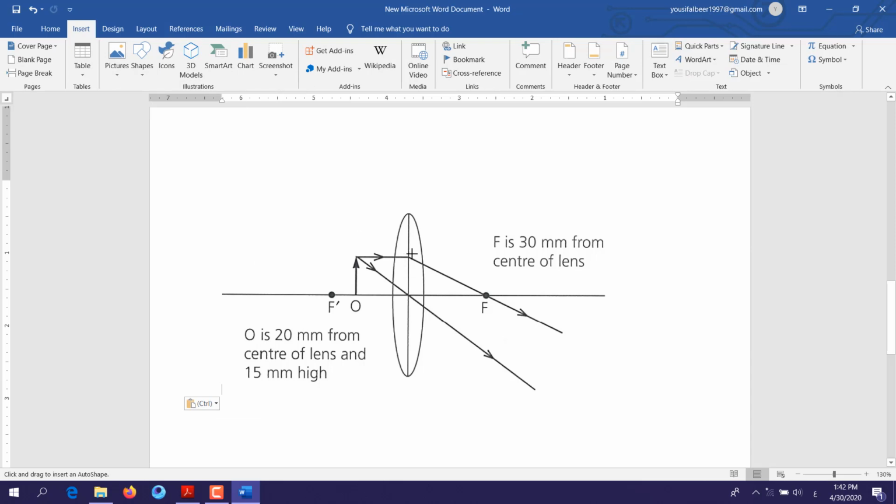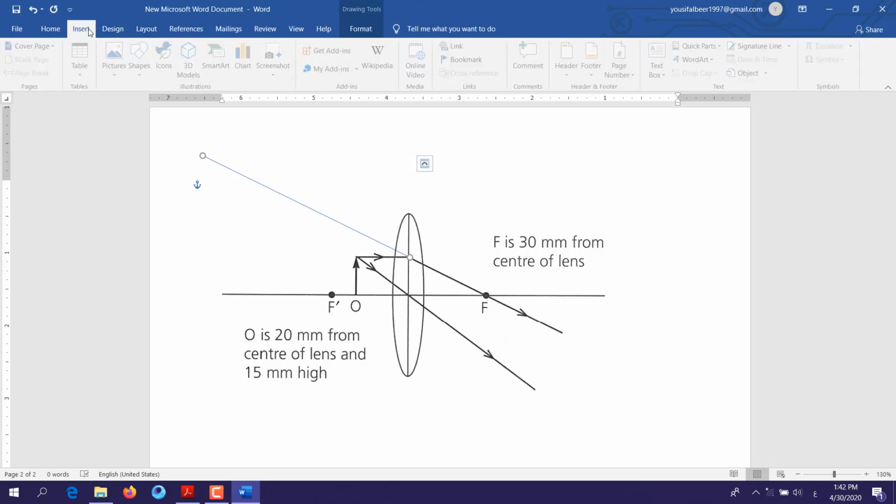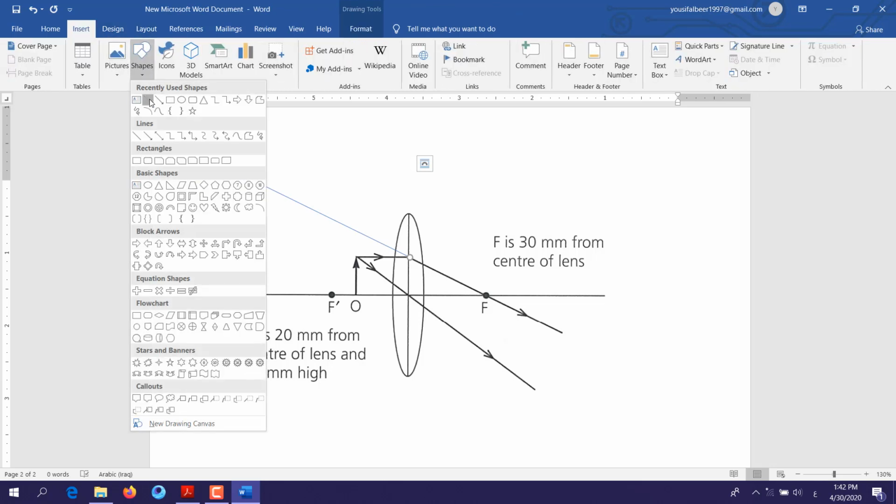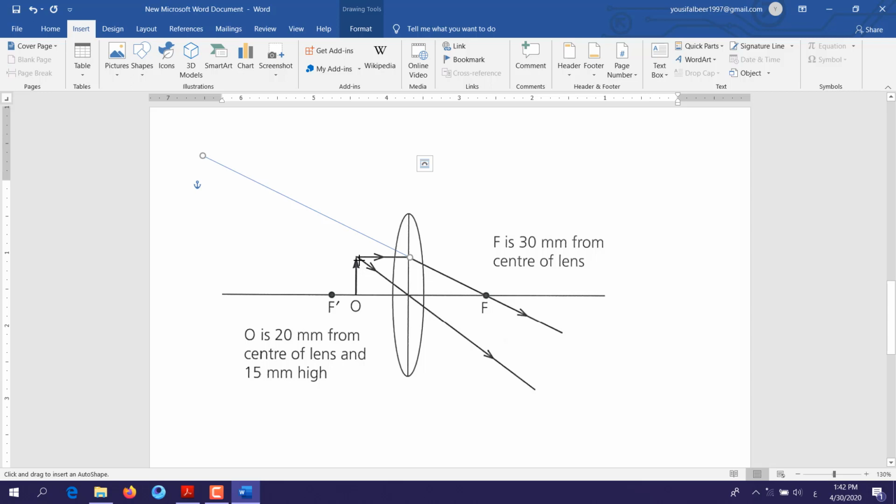you will draw 2 lines. These lines should be straight from this point, okay? For example, here is the first one. And another line straight to this one.